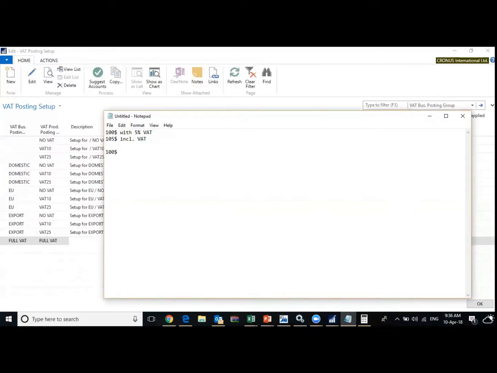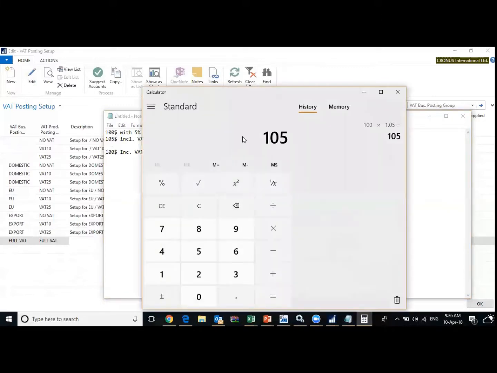Now, if this price is, for example, you got the same price, $100, from your vendor, and he says that this is inclusive of VAT, then how you will calculate this is by the same logic. You will just take your $100 and divide it by 1.05.